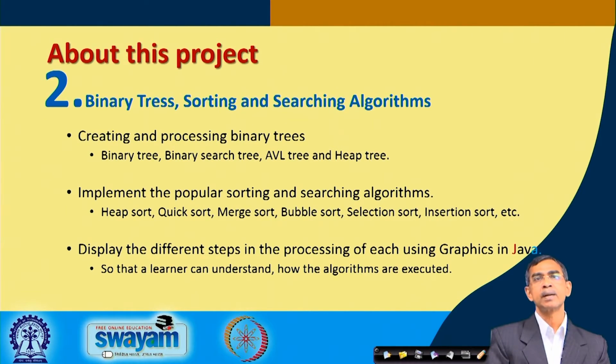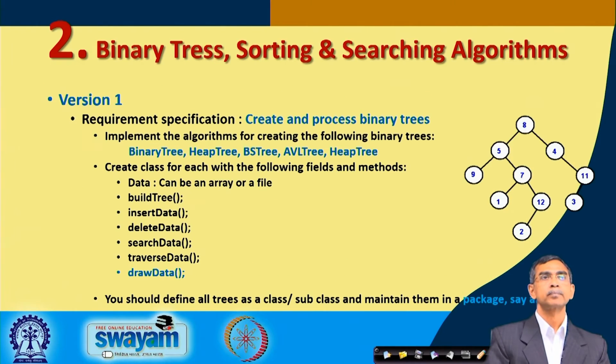So array-based tree implementation is quite possible here, and you should do that. For this array you can use the java.util package. From there, a lot of other data structures, array, list, vector, all these things you can use here. No need to define an array of your own in a primitive way. All the API-based lists can be used for this purpose.